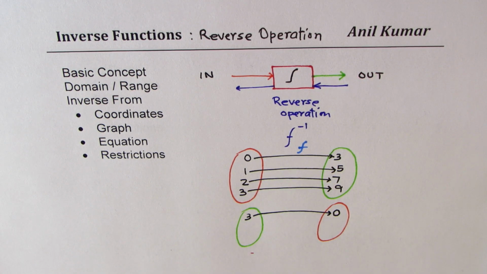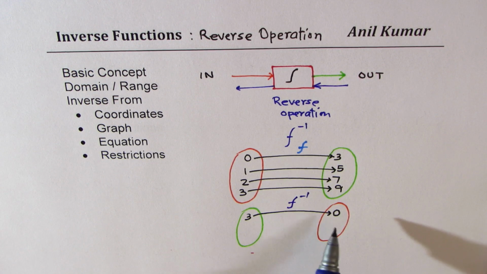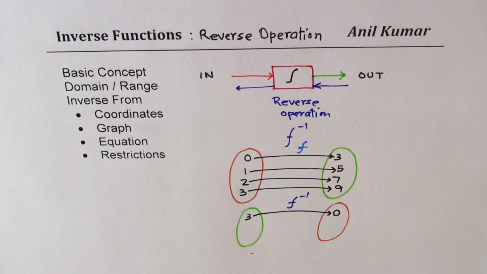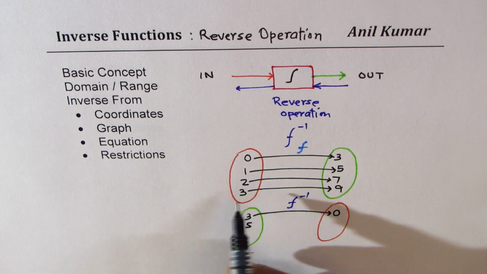That will be called the inverse operation. So reversing this operation makes it an inverse function. The function which reverses this operation will be treated as the inverse of the function.